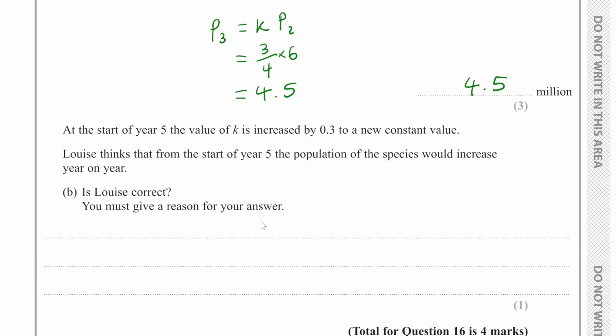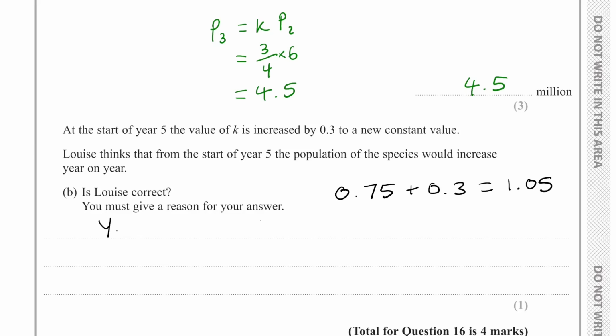At the start of year 5, the value of K is increased by 0.3 to a new constant value. Louise thinks from the start of year 5, the population would increase year on year. Is Louise correct? So 0.75 plus 0.3 is 1.05.